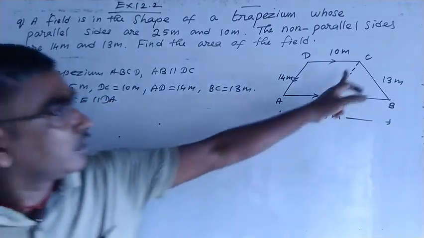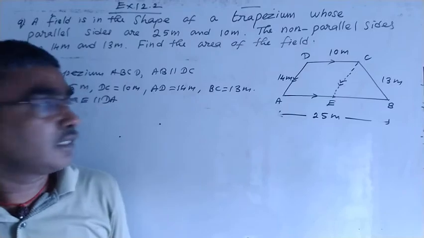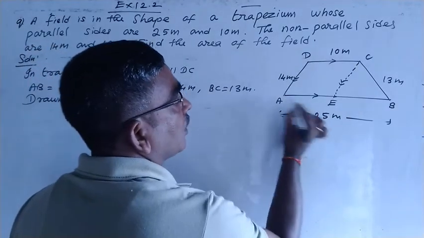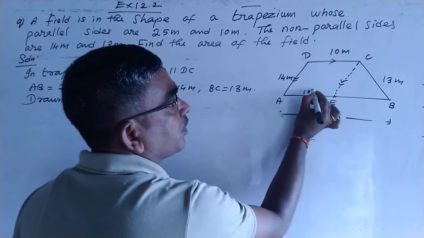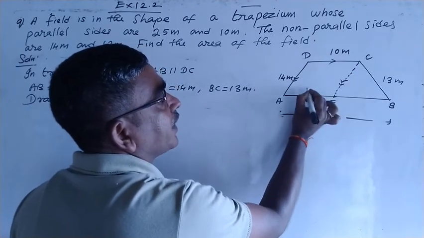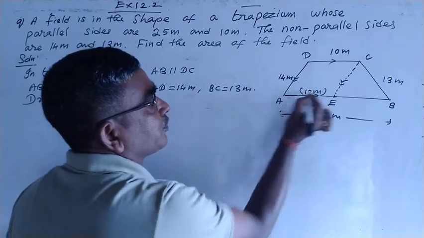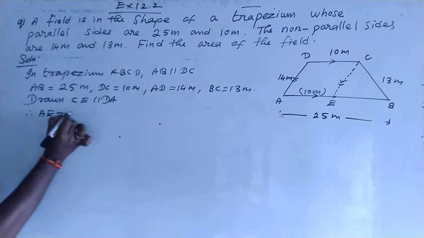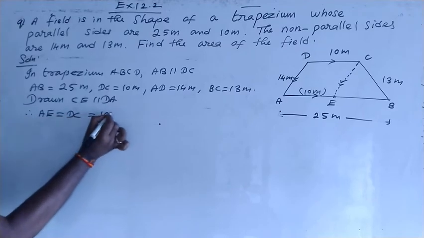So now CE and DA are parallel. If it is parallel, then AE equals DC, both are equal, so it must also be 10 meter. Therefore, AE is equal to DC, both equal to 10 meter.